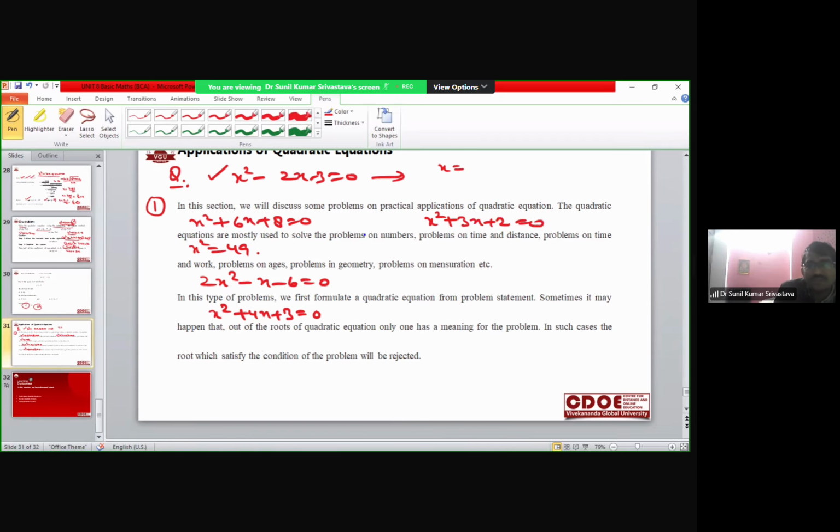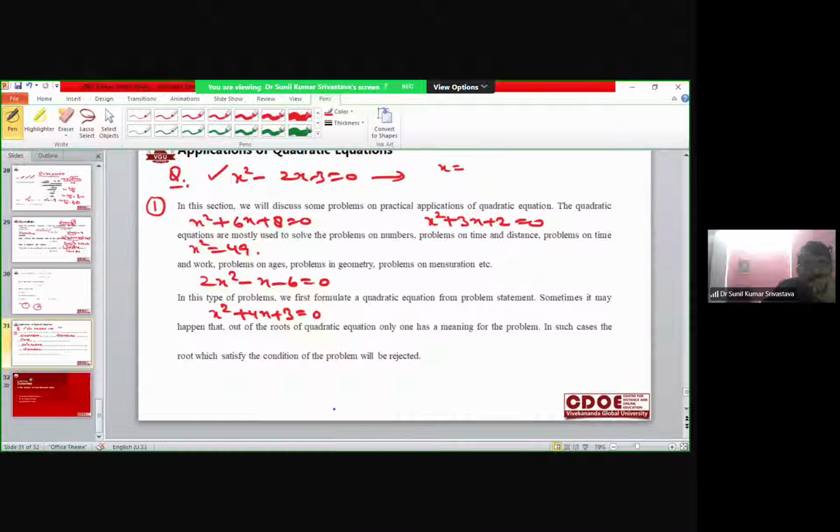All the questions written here you can solve by the factorization method, by splitting the middle terms, by completing the square, and by using the quadratic formula. These are all different types of problems, and you have to practice them for a better understanding of this concept of quadratic equations.